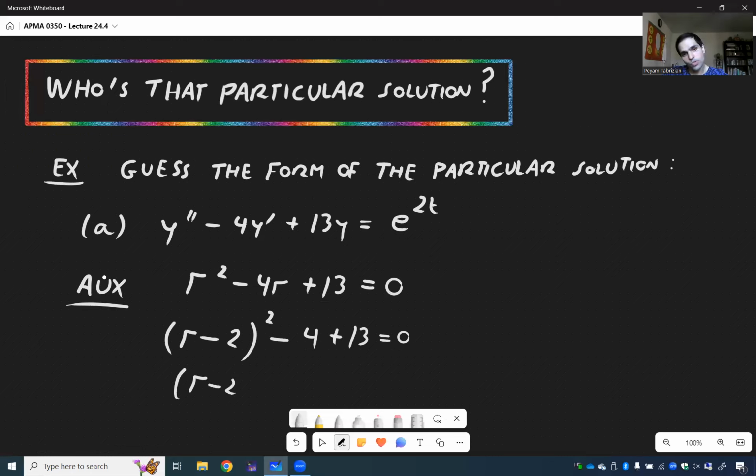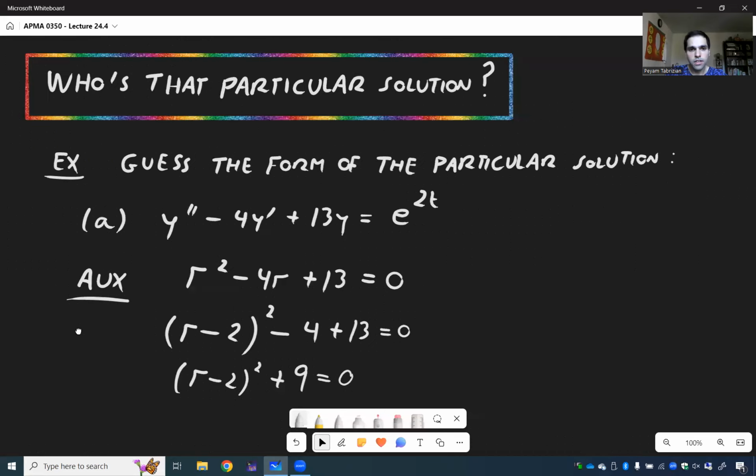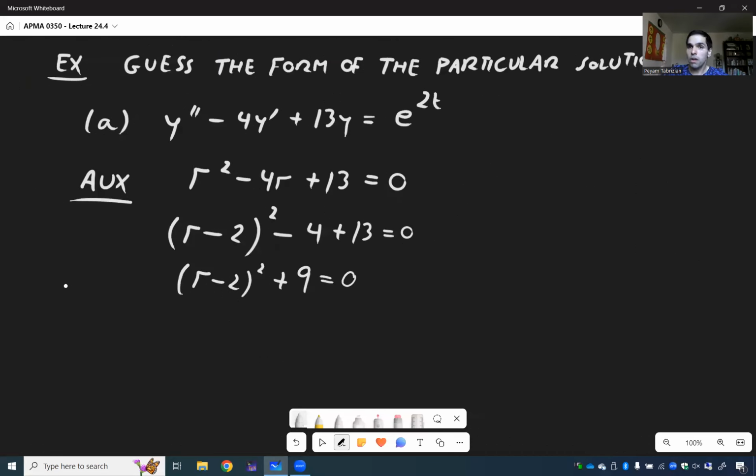So r minus 2 squared plus 9 equals 0. So r minus 2 is plus or minus the root of minus 9, so r minus 2 is plus minus 3i. So r equals 2 plus minus 3i.